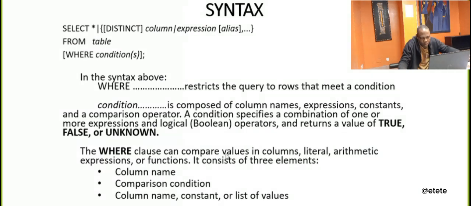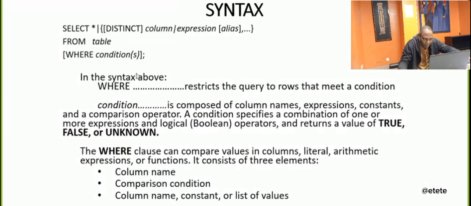The where clause can compare values in columns, literals, arithmetic expressions, or functions. It consists of three elements: one, column name; two, comparison condition; three, column name or constant or list of values.